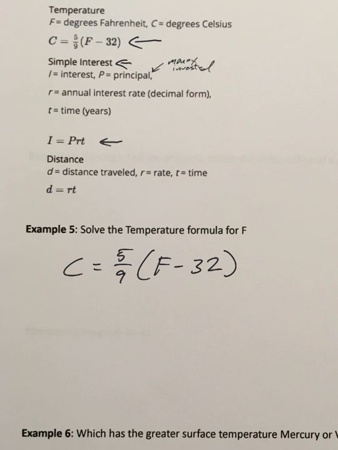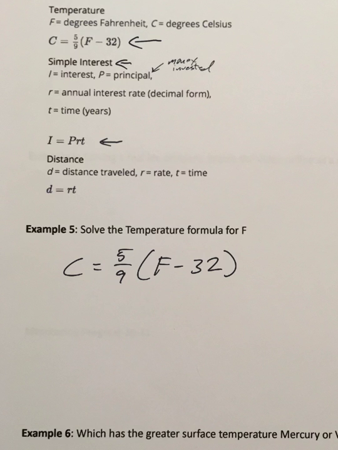One way is you could distribute, or the other way would be to multiply both sides by 9/5. Can anyone tell me why I would multiply by 9/5? That happens to be the easiest first step, by the way.